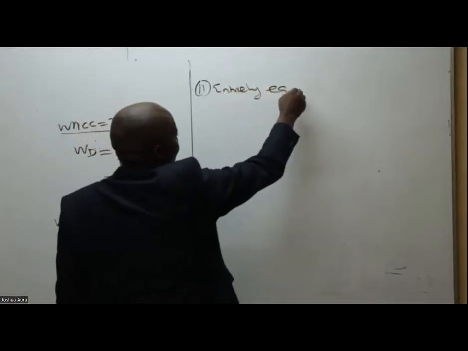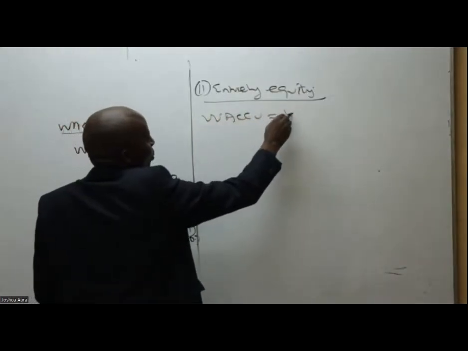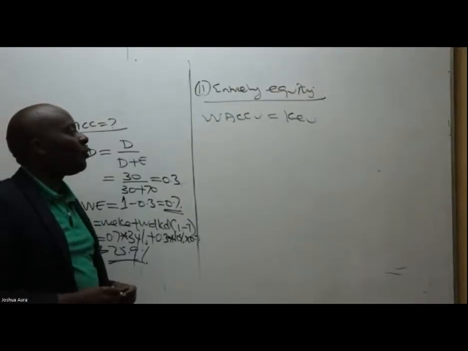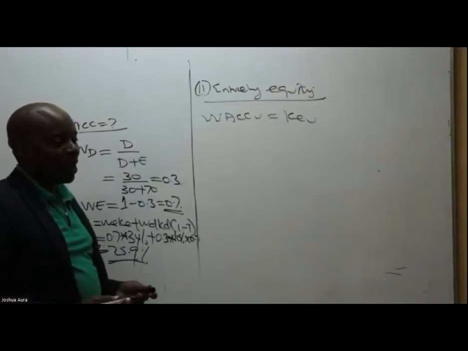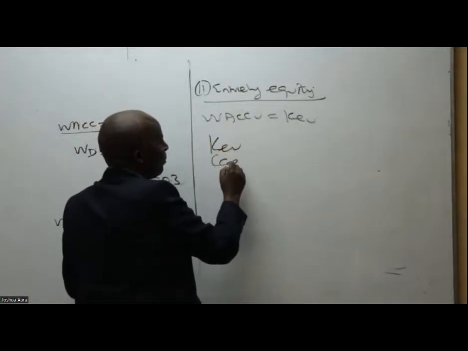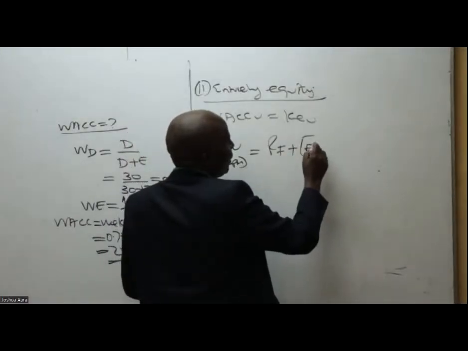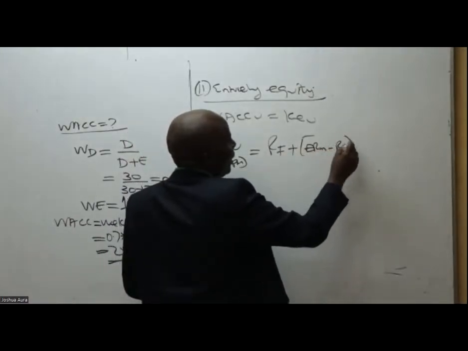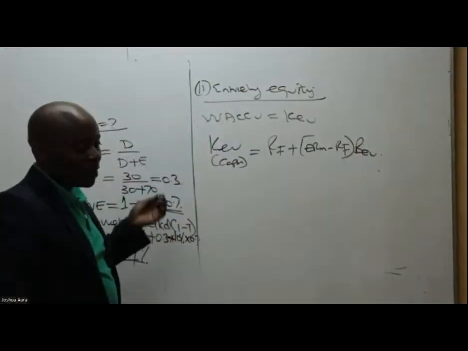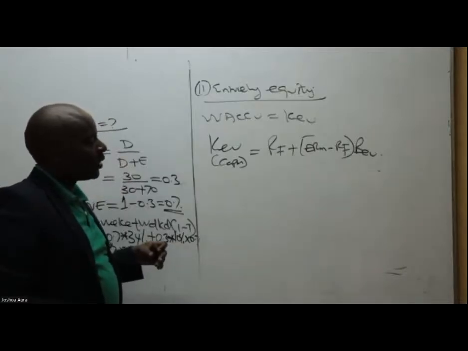Entirely equity, I know WACC unlevered equals Ke. The weighted average cost of capital of an unlevered firm equals Ke. To get Ke using CAPM, I take the risk-free plus market returns minus risk-free multiplied by beta. I do not need a lot of workings here really.